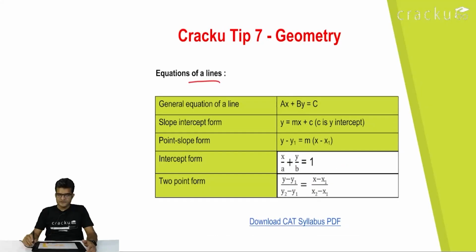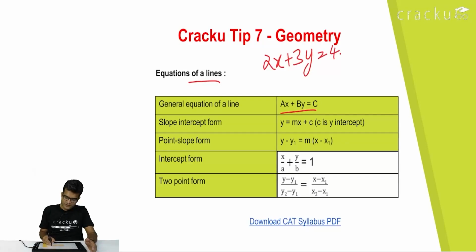These are the equations of a line. We have already discussed them earlier. One way to look at the equation of the line is ax plus by is equal to c. This is something like, say, 2x plus 3y is equal to 4. Another way is y is equal to mx plus c. This is a very common way of using it, and in my opinion, if you transform any equation into the form y is equal to mx plus c, it becomes much easier to understand the line, because if you are getting another line which is parallel to it, many of the things become apparent when you transform the equation to its simplest form.